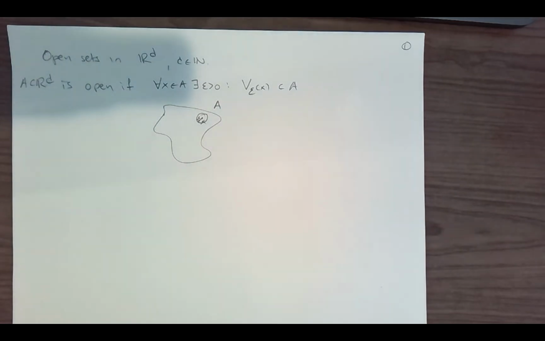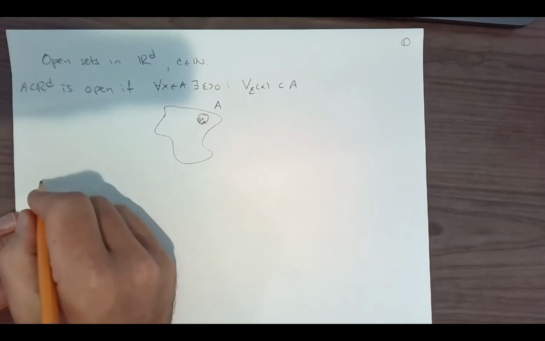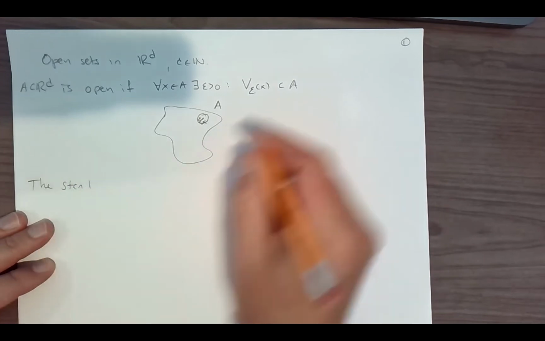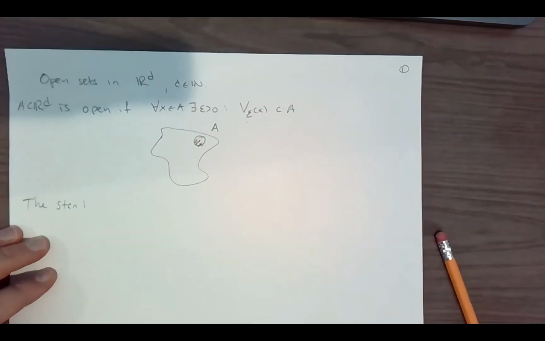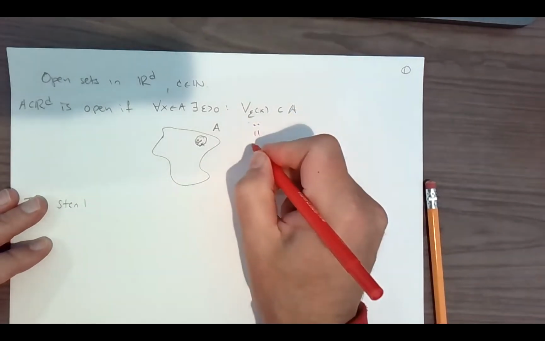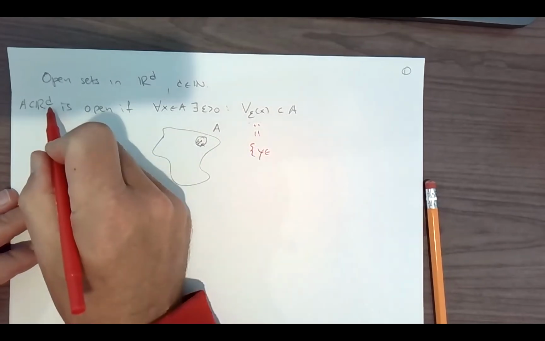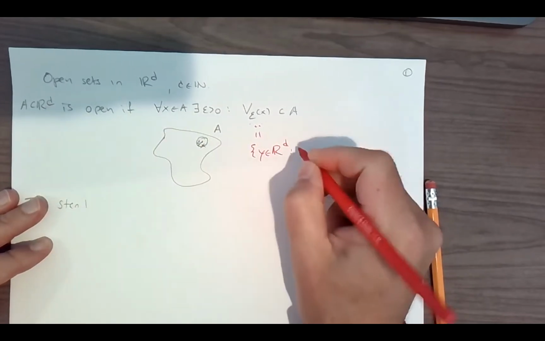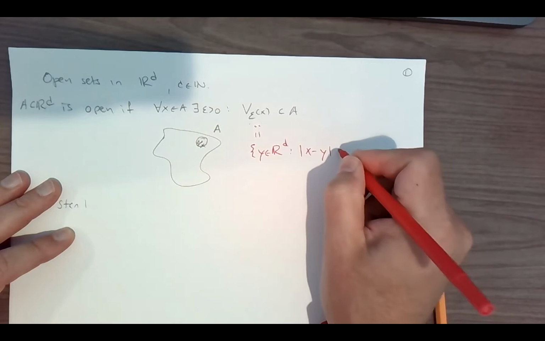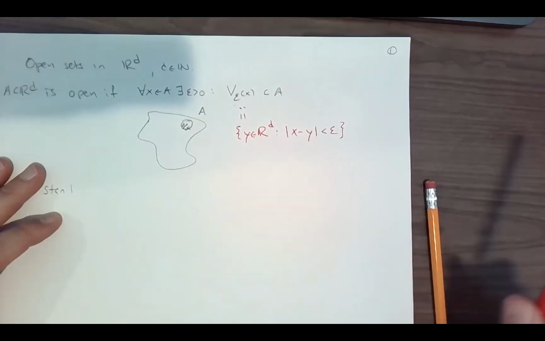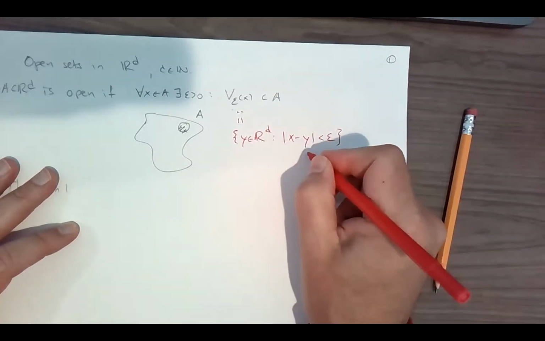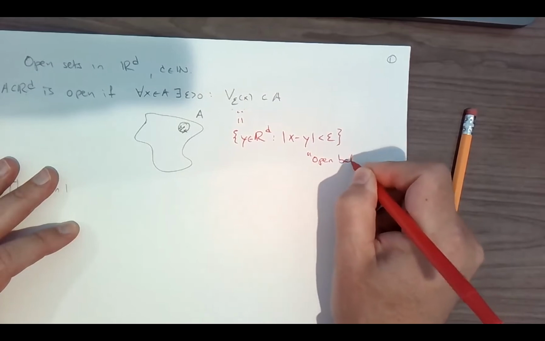So the topology consists of the open sets. When we talk about the standard topology, this is V epsilon. We just write out explicitly what this V epsilon is. It is defined to be those points Y in R^d such that they are within epsilon of X. We refer to these as neighborhoods or open balls.